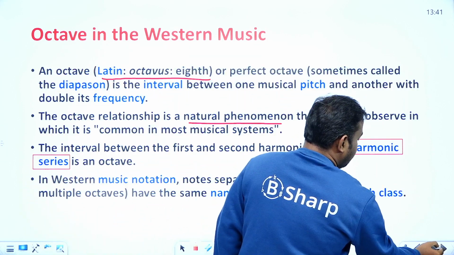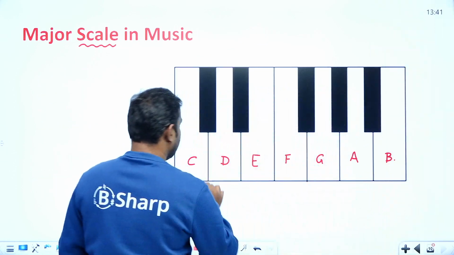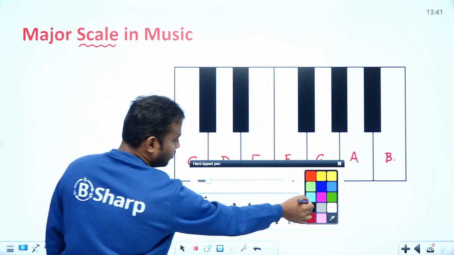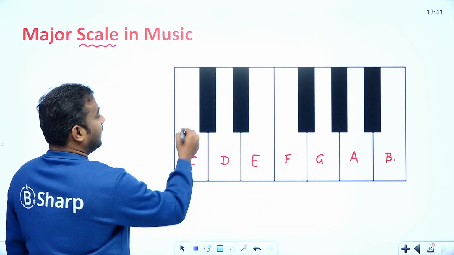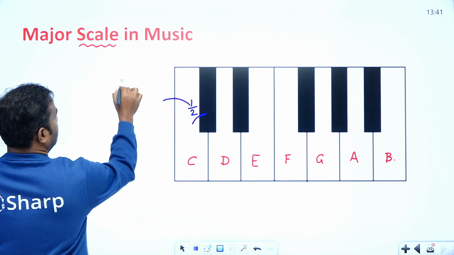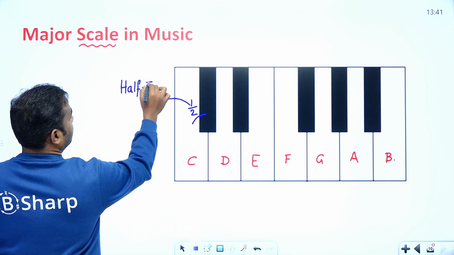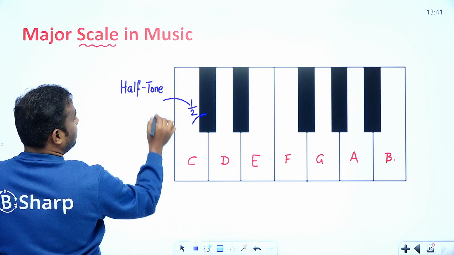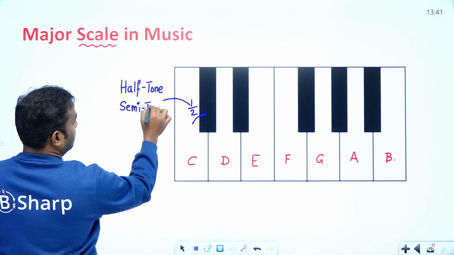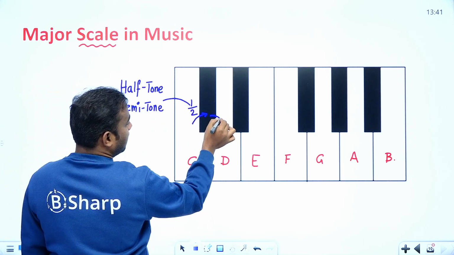In some textbooks, instead of calling it a half tone, you can also call it a semitone. This is one half tone and this is another half tone.